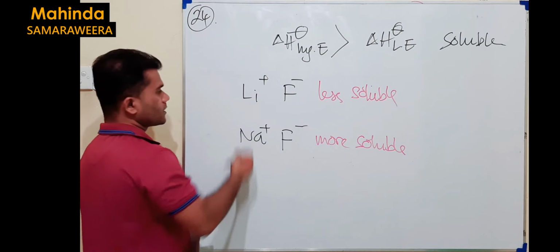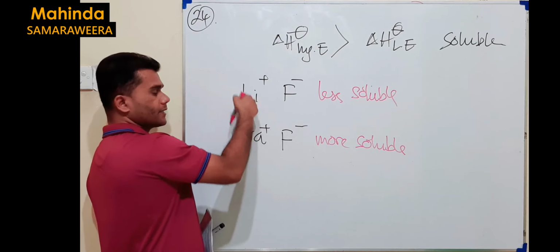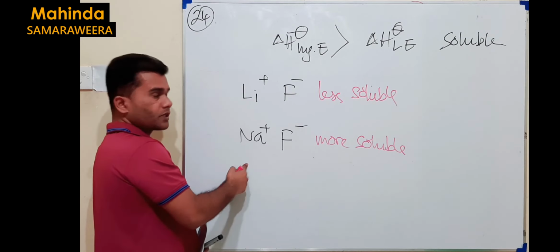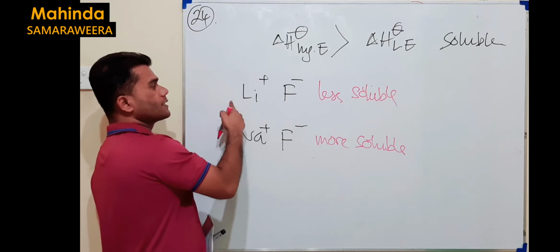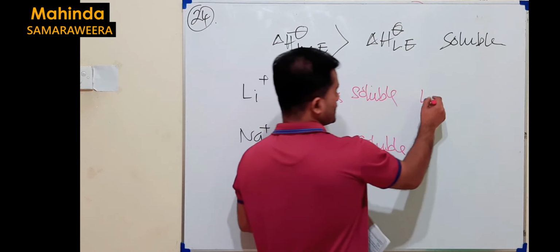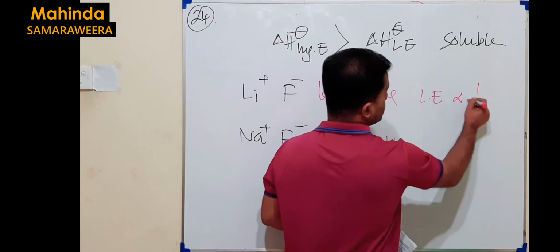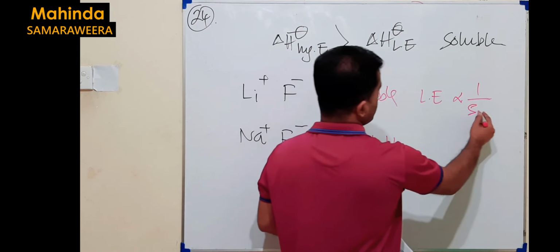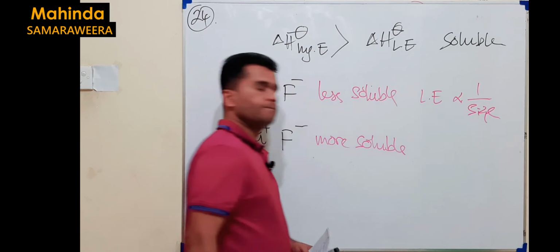It's correct because lithium plus is a small ion compared to sodium plus. Small ion means here lattice energy will be large. Understand? So lattice energy is inversely proportional to the size of the cation.